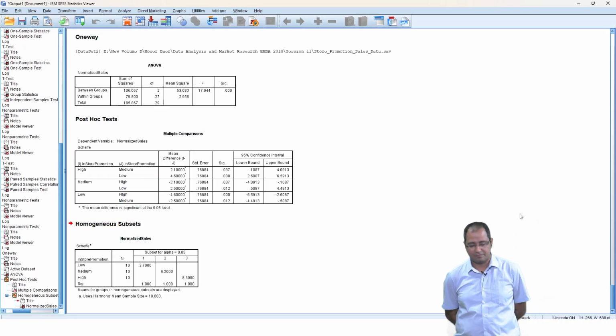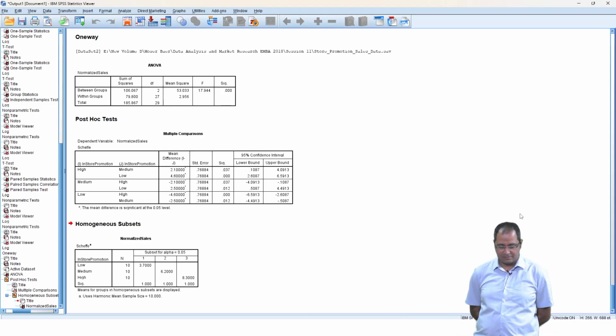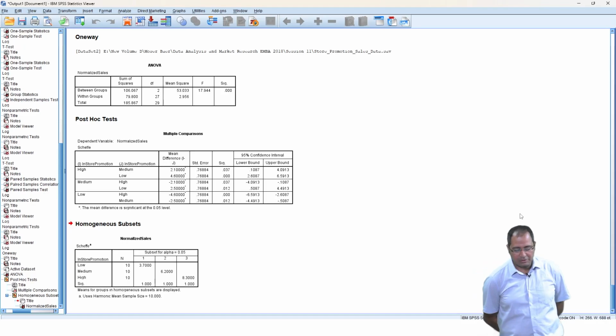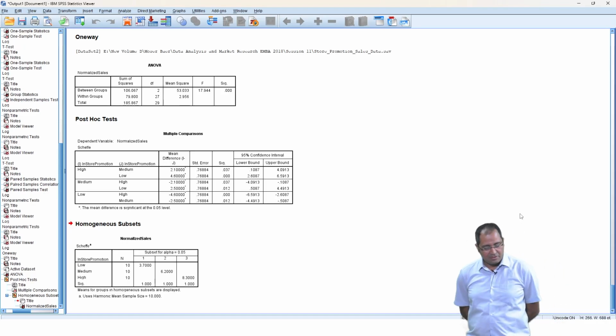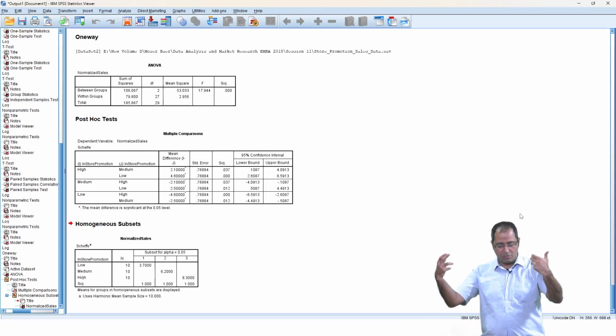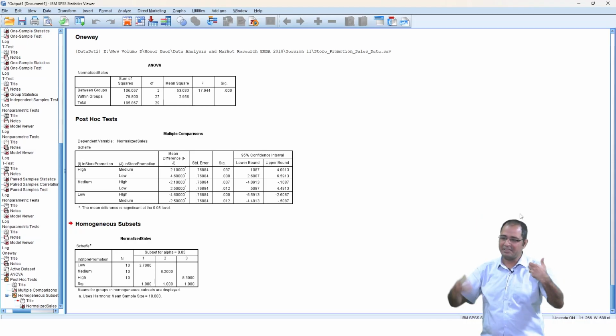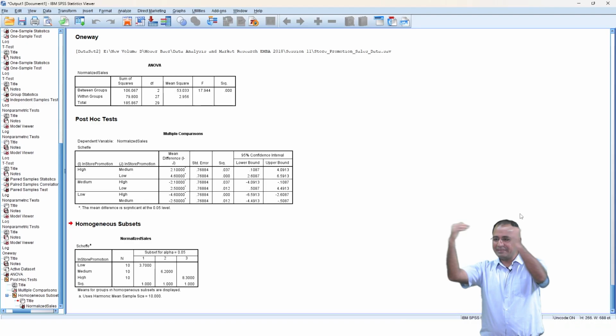Now, sir, for high and medium the difference is 2.1. That is significant, I can see. Yes, mean difference 2.1 and significant at the 0.037 level. There are 30 samples, 10 for high, 10 for medium, and the mean difference is 2.6.